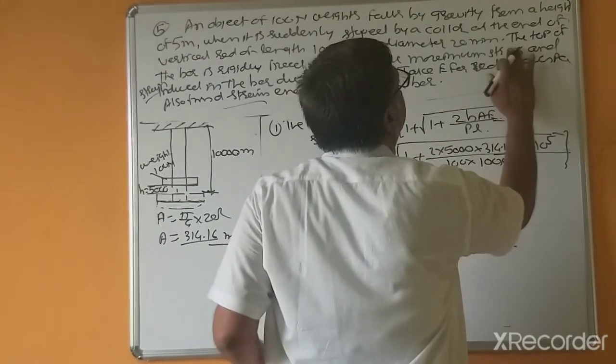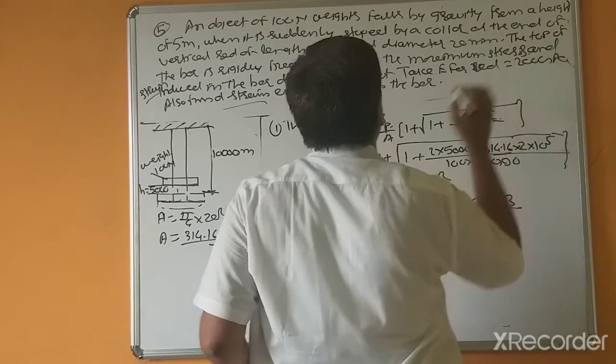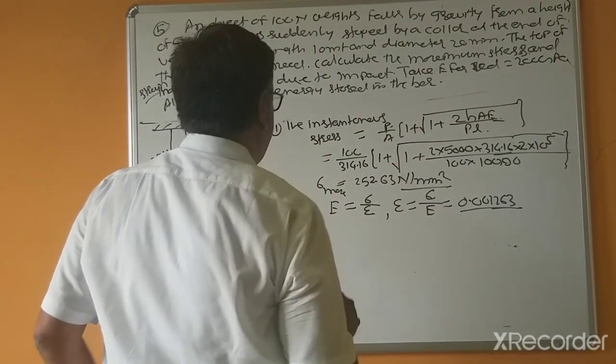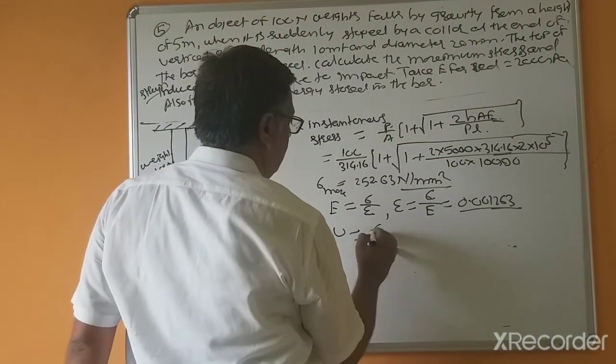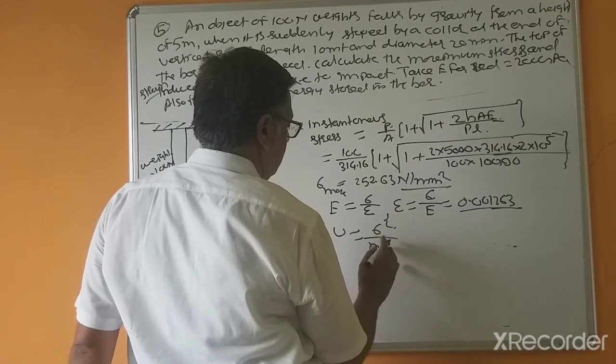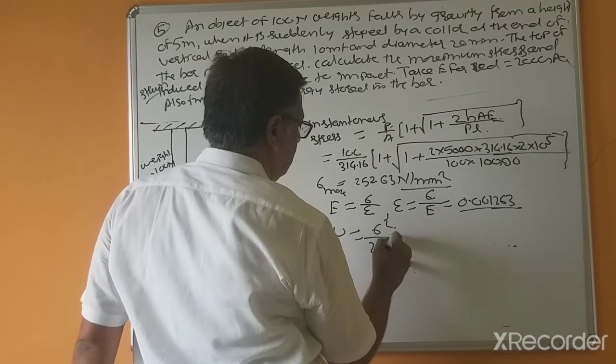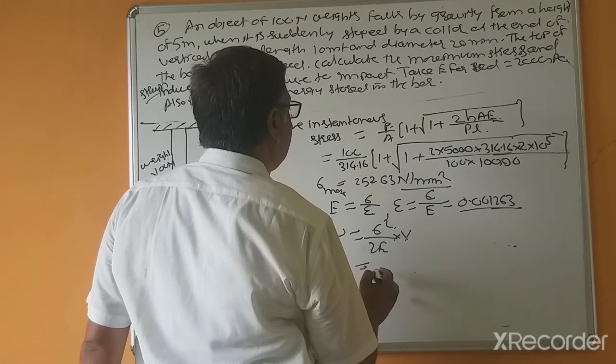Third bit, strain energy. Strain energy equal to sigma squared divided by 2E multiplied by volume.